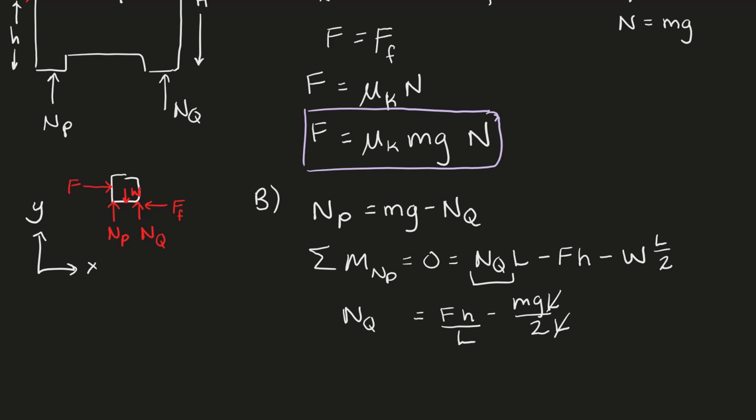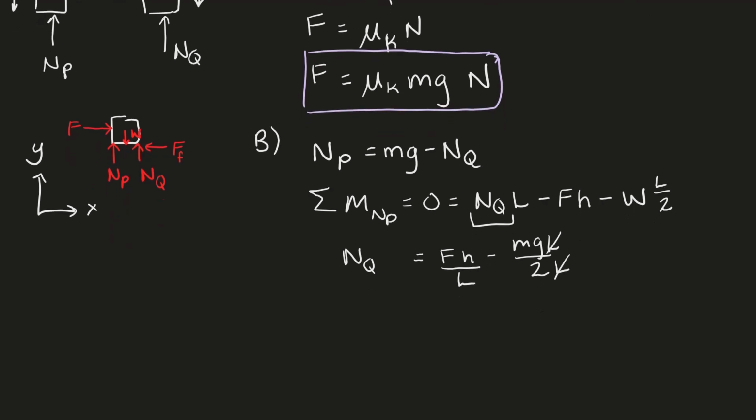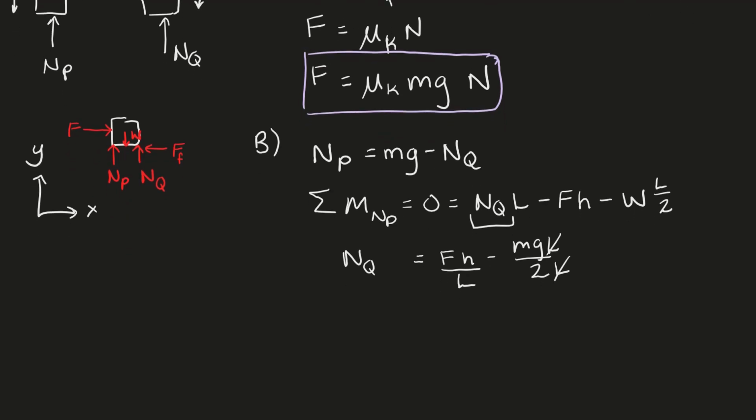All right, we're getting there. So if we plug that NQ into the first equation there, we get NP, what we're looking for, is equal to mg minus Fh over L minus mg over 2, like that.